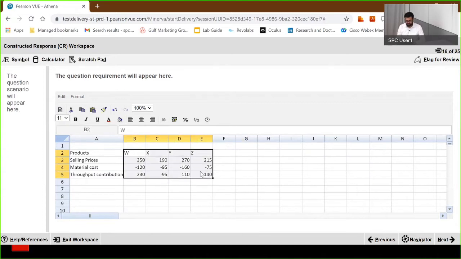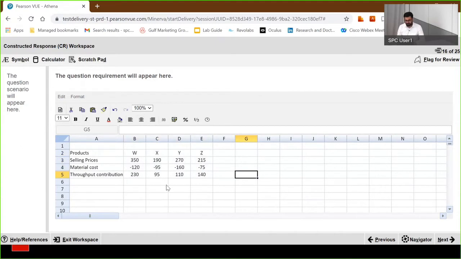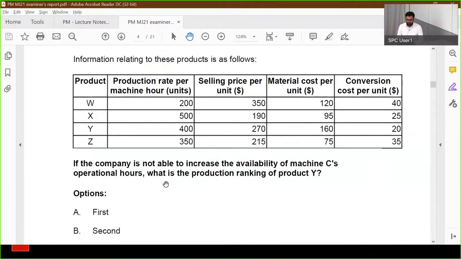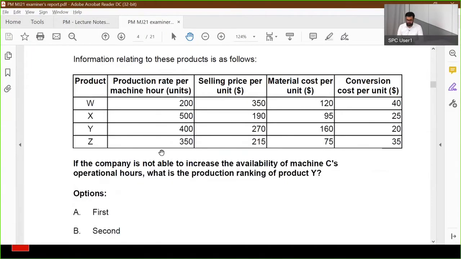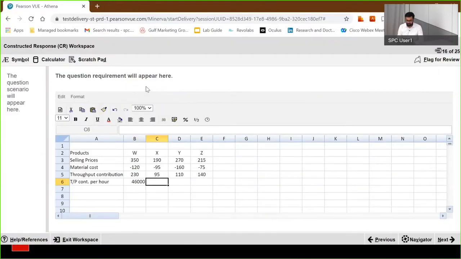So we got the throughput contribution per unit, but the decision for the product ranking depends upon throughput contribution per bottleneck hour. So let's calculate it. Throughput contribution per hour. If you look at the data, in 1 hour, 200 units of W are produced. Therefore, we will multiply the contribution per unit of 230 with the number of units that can be produced in 1 hour, so multiply by 200.